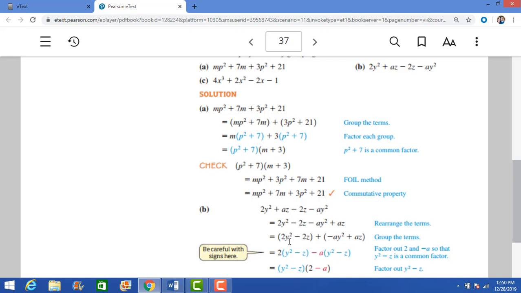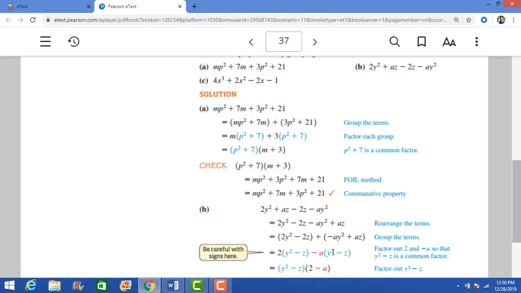Why do they factor out a negative a? Well, because if you factor out the 2 here, you get y squared minus z. But if you factor out the a, you get a negative y squared plus z. So if we want to get these to be the same, we've got to factor out a negative a. And so this becomes a minus a out here, and we get the same factor.